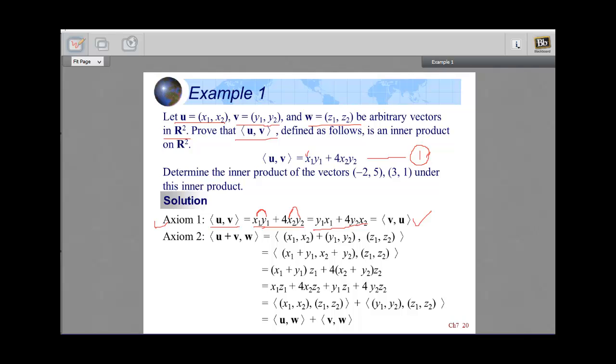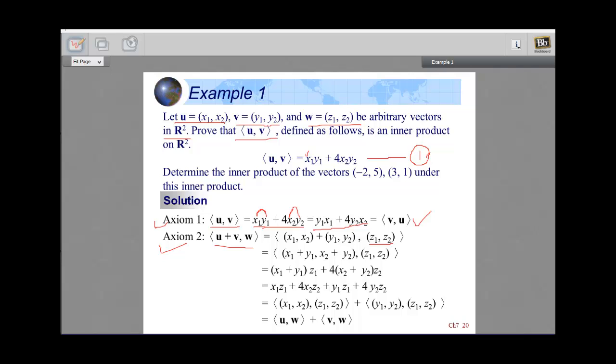Similarly, we can write the second axiom: <u + v, w>. If we take w = (w1, w2), or here w = (z1, z2) because we are using x and y, so we take z1 z2.